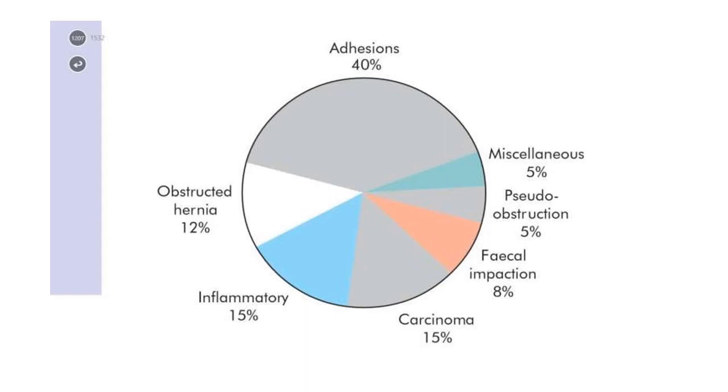You can see adhesion is the commonest cause of intestinal obstruction with an incidence of around 40%, followed by inflammation and carcinoma, each having an incidence of 15%. Rest are obstructed hernia, fecal impaction, and pseudo-obstruction.